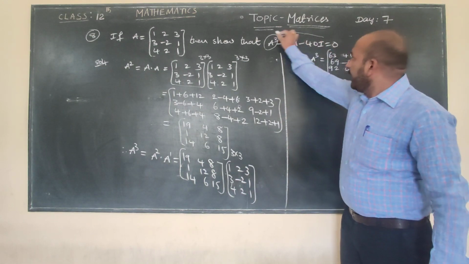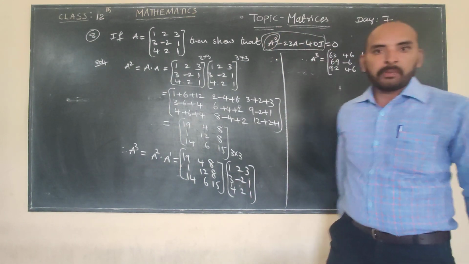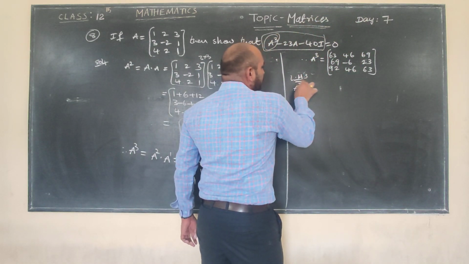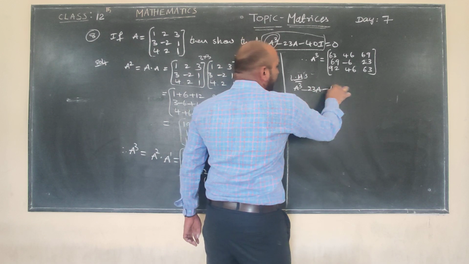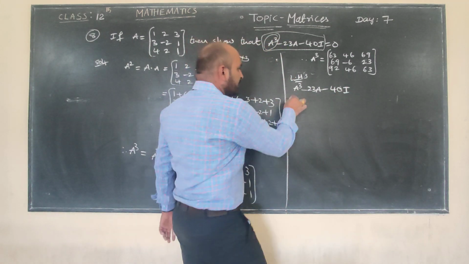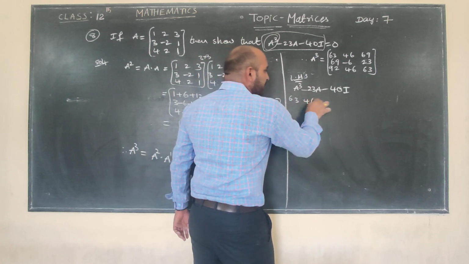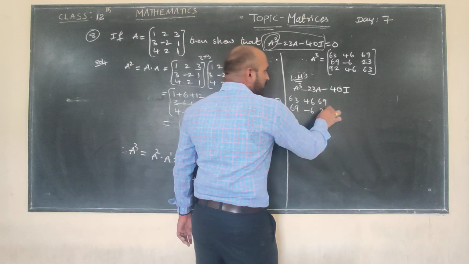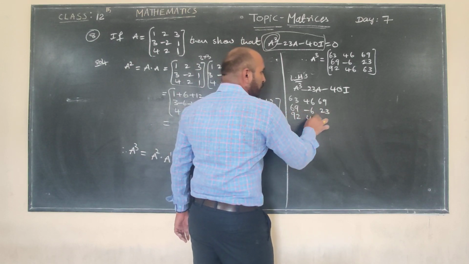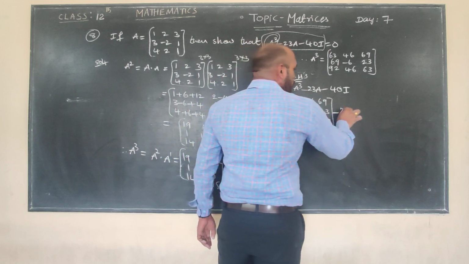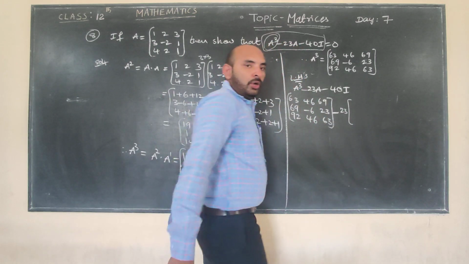So now I am taking LHS part. LHS A cube minus 23A minus 40 into I. What is A cube matrix? 63, 46, 69, 69 minus 6, 23, 92, 46, 63, minus 23 into A matrix.